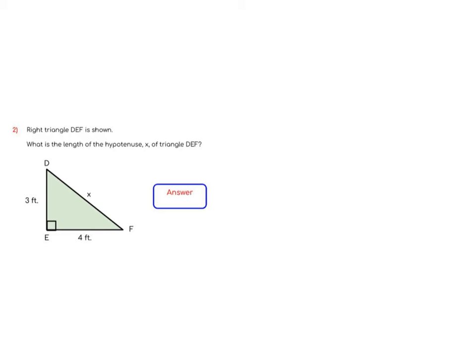Let's try one more example. Right triangle DEF is shown. What is the length of the hypotenuse x of triangle DEF? Again, we're going to use our three-check method. Check 1, let's write the formula for the Pythagorean Theorem. Check 2, let's substitute.